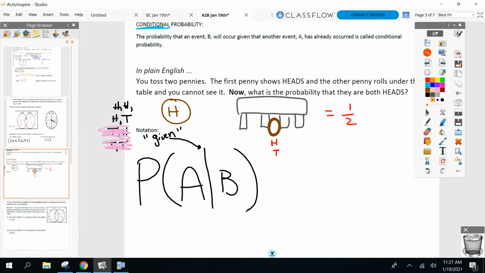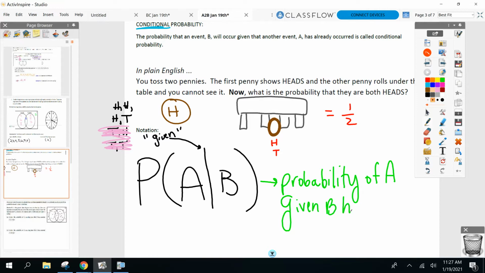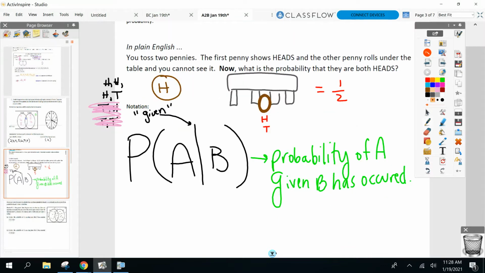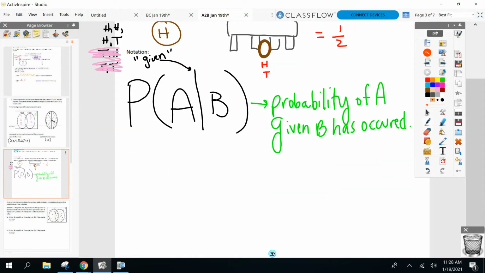And let's actually write that out. This is the most I'm going to have you write today. This is the probability of A given B has occurred. So start looking for this symbol coming up here later on today.